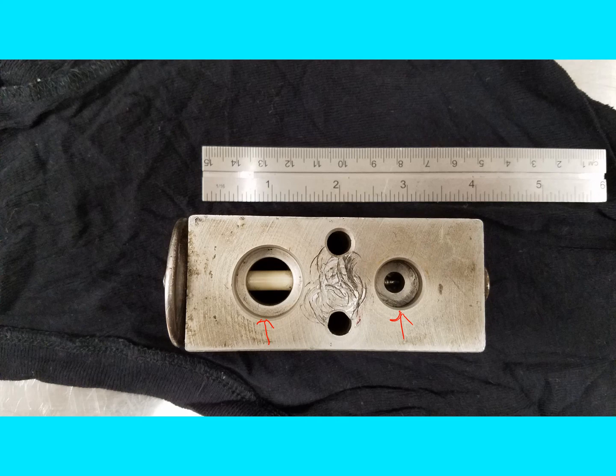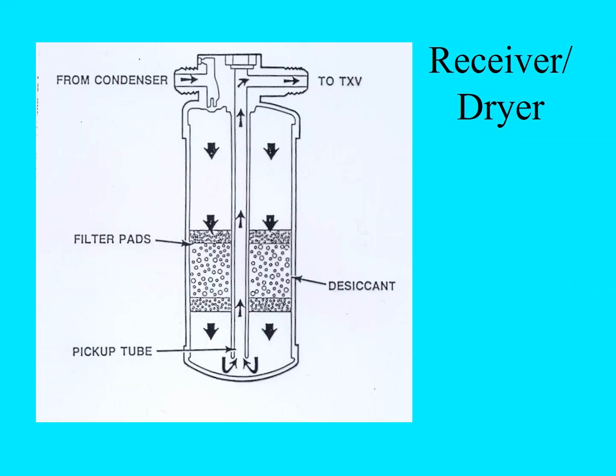And again, this is the sensing tube in here, and this is the little adjustable pin down here at the bottom. So this is an H style TXV valve, H block style. If you have a TXV system, you will have a receiver dryer.